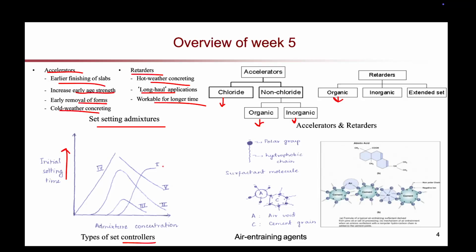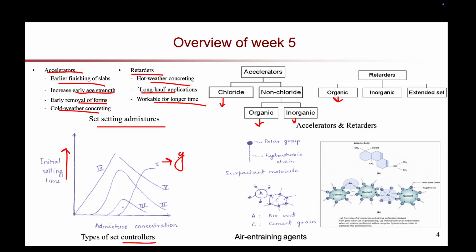This type has an example like gypsum. Then the second type: admixture concentration is increasing, and the setting time is increasing and then decreasing. Examples are calcium chloride or calcium nitrite.